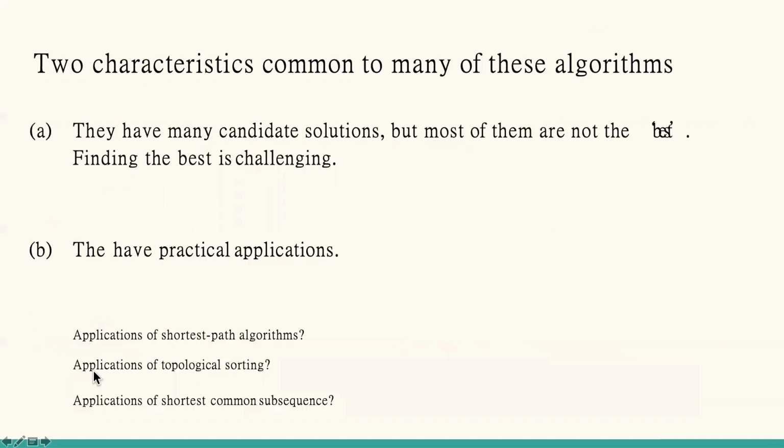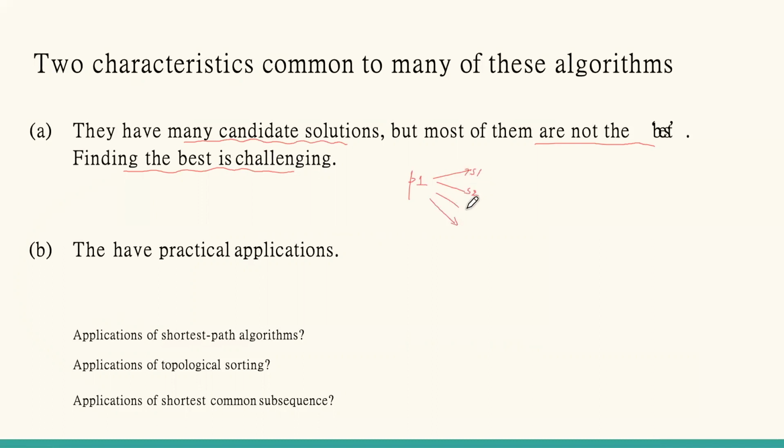Now, many of these algorithms have two common characteristics. One common characteristic is that the solutions may have multiple candidates, but most of them are not the best. In other words, finding the best is the challenge. So you may have problem P1, and then it may not be very difficult for you to come up with solutions.